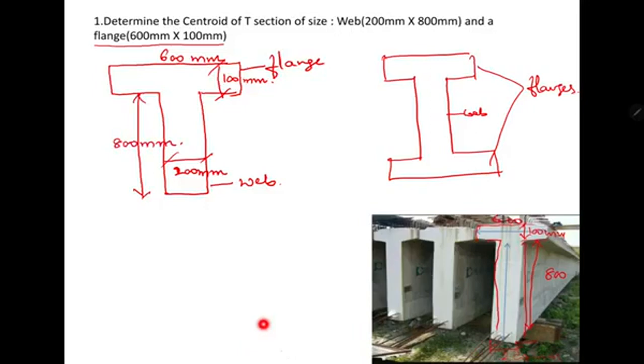So what do we need to do? We need to calculate the centroid for this. The first step is to write the reference axes. For your reference, take it like this; in future, we can change also. Take the leftmost line of the plane figure as the y-axis, and the bottommost line, which is attached to the plane figure, as the x-axis.